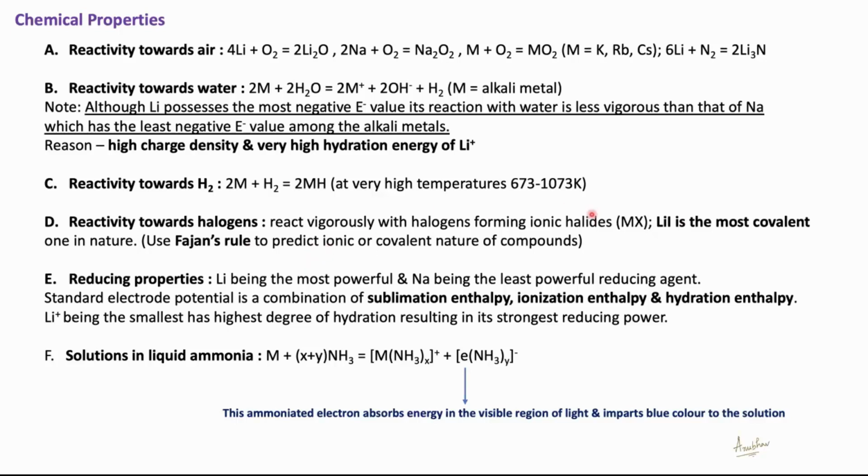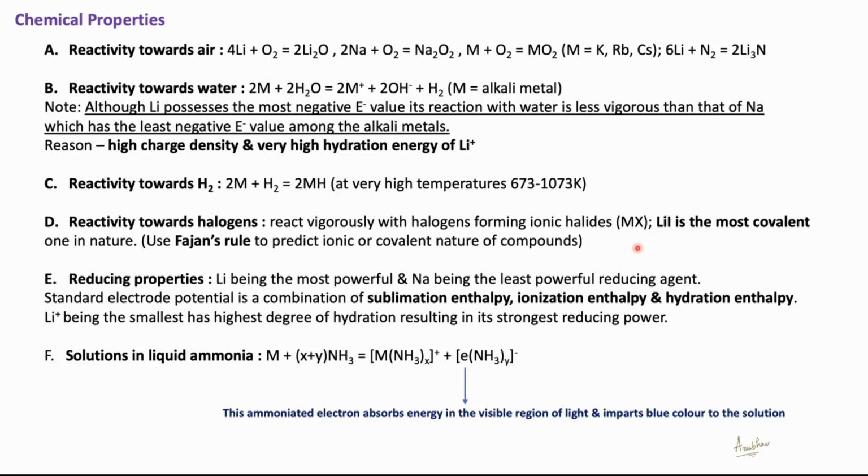I have written here that lithium iodide is the most covalent compound. What is the reason behind it, or what do I mean by the most covalent one? Fajan's rule tells us that when the cation has the highest ionic potential, it will distort the electron cloud of the anion more. So when a cation has the highest ionic potential, it has the highest charge density.